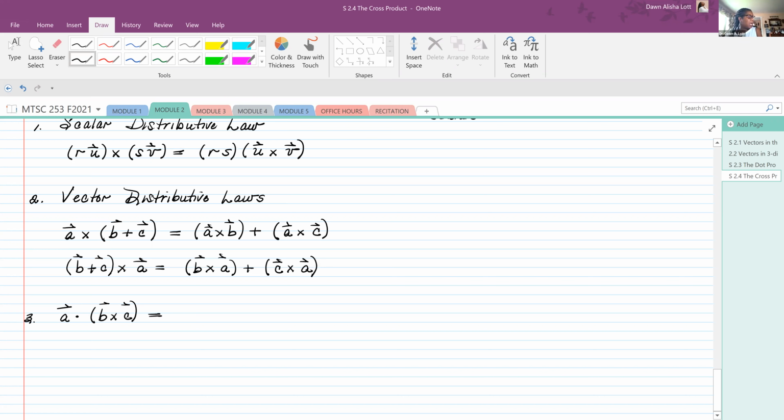And this is actually really strange. This comes out to be the same as A cross B dot C. So they don't change order, but they do change operation. Okay.